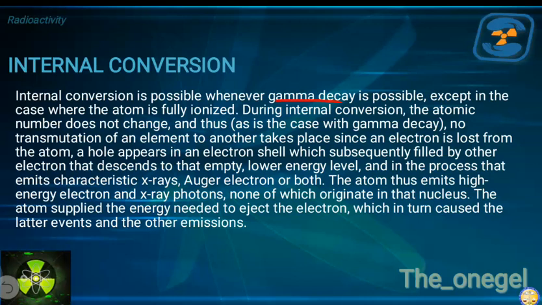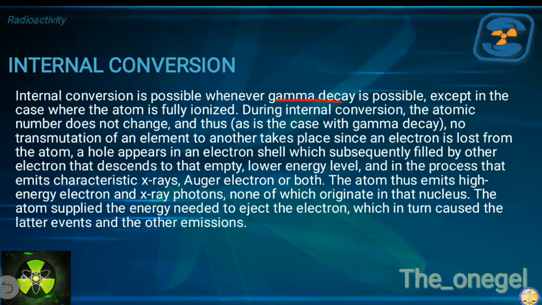So, during internal conversion, the atomic number does not change, and thus, as is the case with gamma decay, no transmutation of an element to another takes place since an electron is lost from the atom. So, a hole appears in the electron shell, tulad nangyari sa electron capture, which subsequently is filled by other electrons that descend to that empty, lower energy level, and in the process, that emits characteristic radiation, either Auger electron or both.